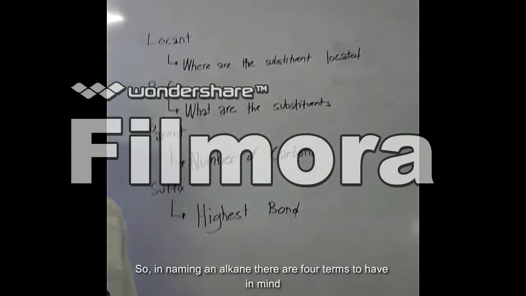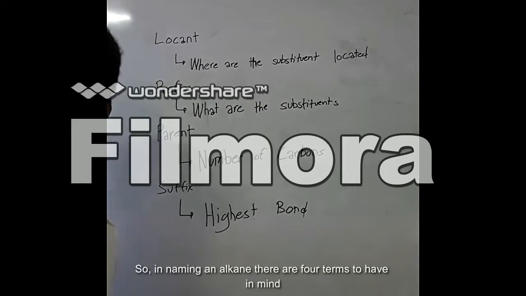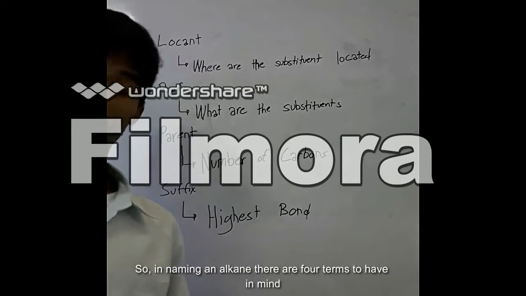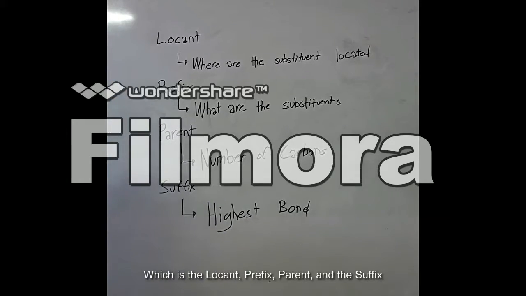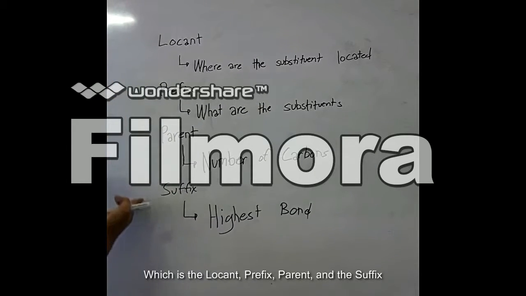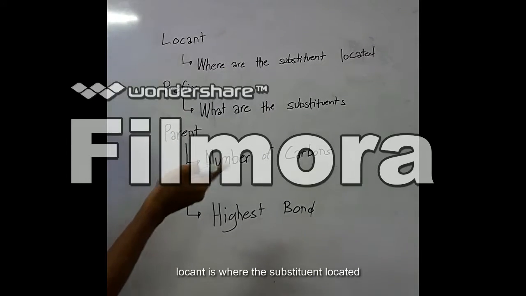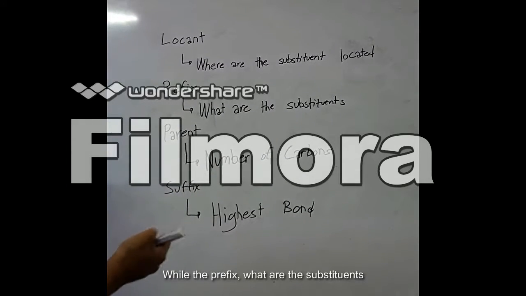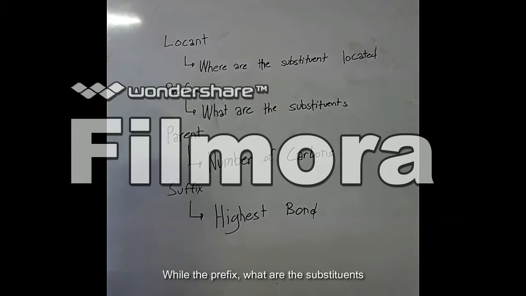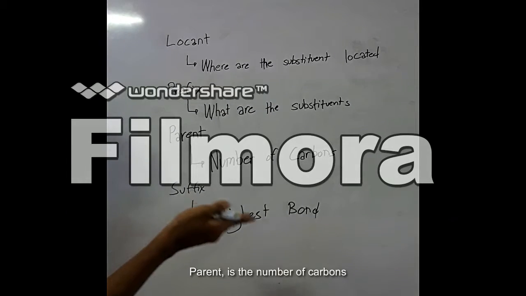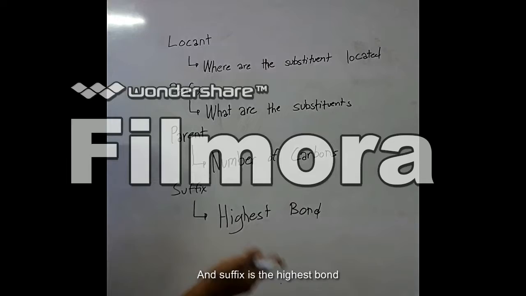So, in naming an alkane, we have 4 terms that we have to keep in mind, which are the locant, prefix, parent, and the suffix. Locant is where the substituent is located, while the prefix tells what the substituents are. Parent is the number of carbons, and suffix is the highest bond.